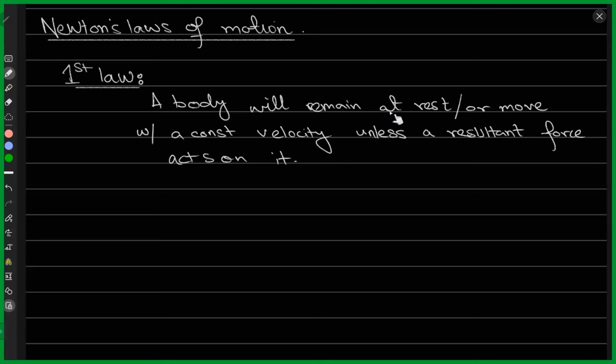Yes, sir. Okay, so everyone agrees with the first part, that a body will remain at rest or it will move at a constant velocity. If it's doing something, it will keep doing that. If it's stationary, then it will remain stationary. The second part is where you have that unless a resultant force acts on it.